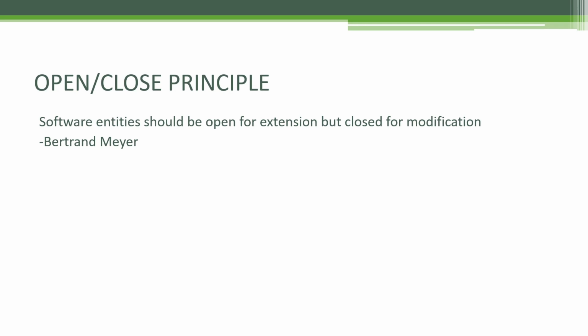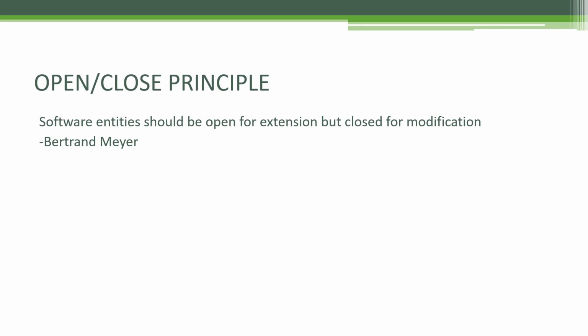What does that mean? It's telling us basically, just imagine you create an application and you get some client feedback, and that feedback is telling you to add some features into your existing project.